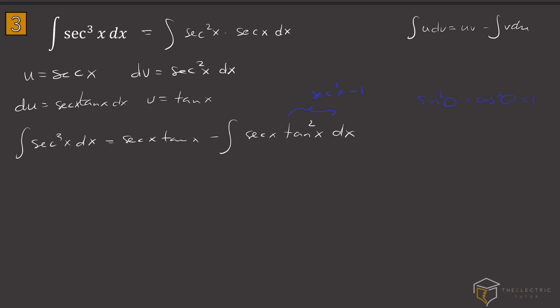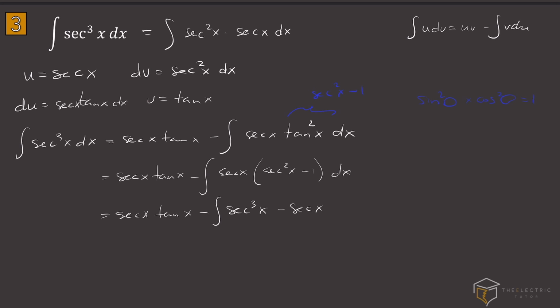Okay, so that's how I know this. So it's going to be secant tangent minus the integral of secant times secant squared minus 1 dx. What I'm going to do now is just distribute the secant.